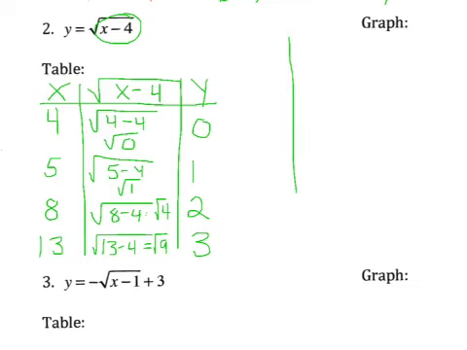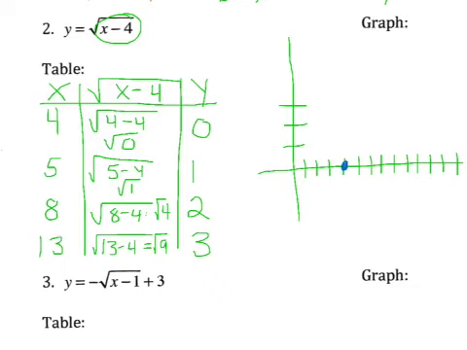So when I graph this square root graph, my x-axis has to go all the way to 13. And my y needs to only go up to 3. My first point is at 4, 0.